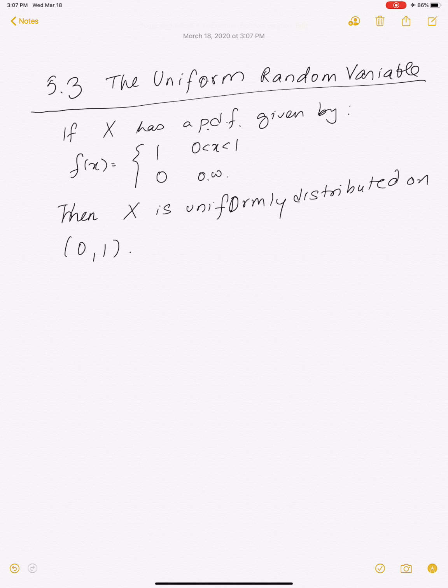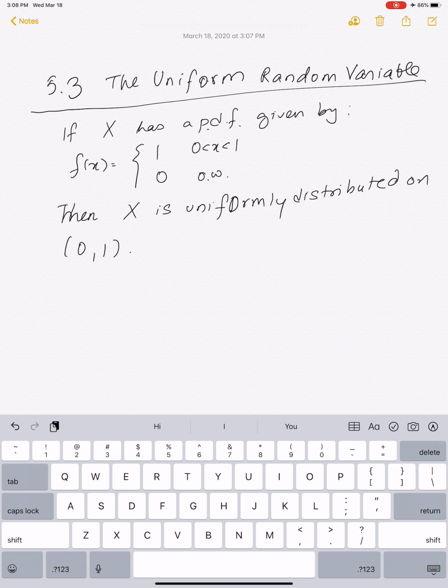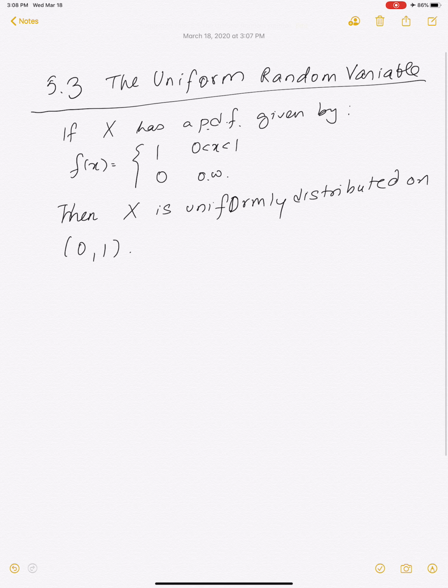We've looked at this random variable in the example in 5.2. We saw that its expectation was a half, which is exactly the midpoint of the interval 0, 1. We saw that the variance was 1 over 12, which we calculated by looking at the expectation of x squared and subtracting the expectation of x, whole squared.